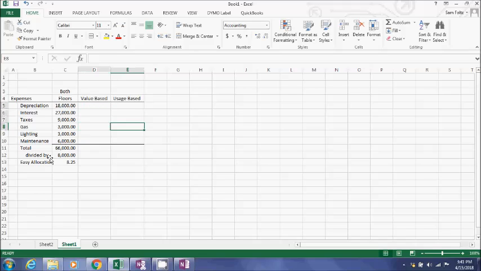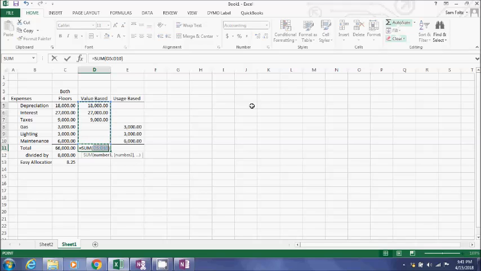So that's just going to be the usage base. So these are going to be 3,000, 3,000, and 6,000. And then it wanted us to do the rest of it, depreciation, interest, and taxes based on the value, 18,000, 27,000, and 9,000.